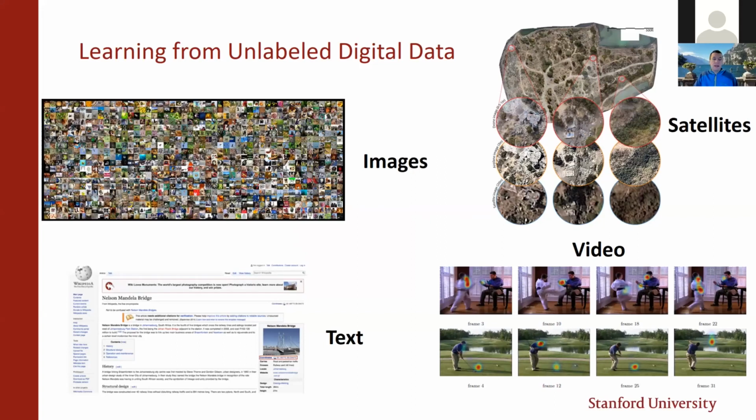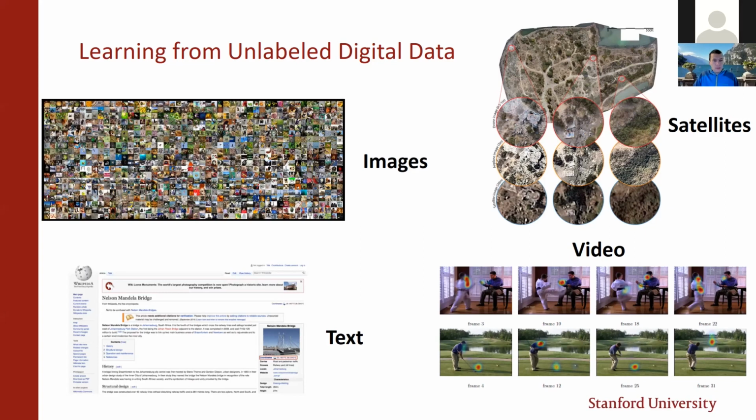Because it can generate data, hopefully that means these models are understanding something about the structure of the data, and we can use this as a strategy to either pre-train models to get features or quickly adapt them in a few-shot way to new tasks. This has proven to be very effective in text. It's starting to show a lot of progress in images, and I think we can potentially extend these ideas to a lot of different modalities.